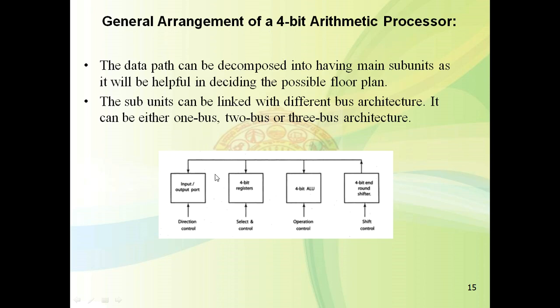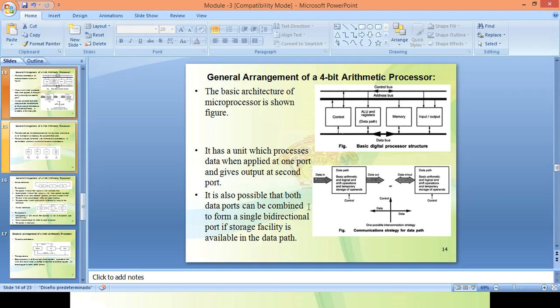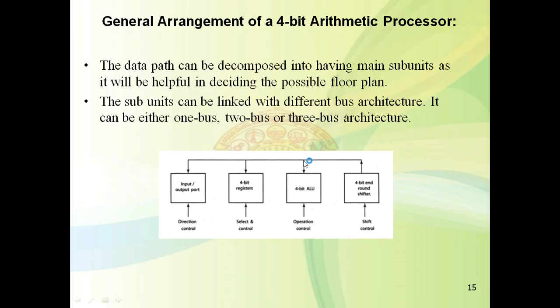What are the different parts we can design? We require an input output port, as we discussed. We require 4-bit registers, we require temporary storage for the operands, we require a 4-bit arithmetic logic unit, and we require one more operation, that is the shifter operation, so a shifter unit we require.